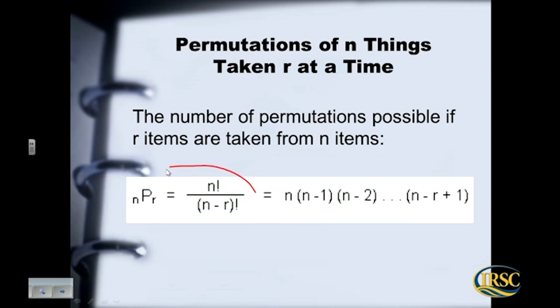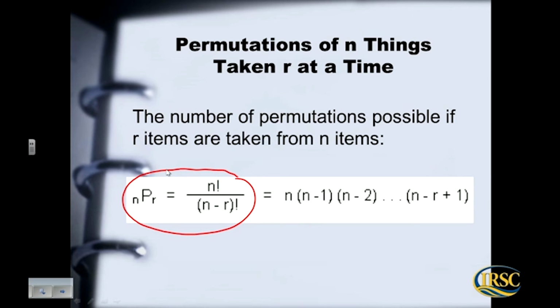This is the actual formula right here: capital P with a number in front and a number in the back. The first number is the total number of items in your group. The second number is how many you're taking at a time. Let's say you have 26 letters, but you just want to group 3 letters at a time. It would be 26, capital P, and a 3.